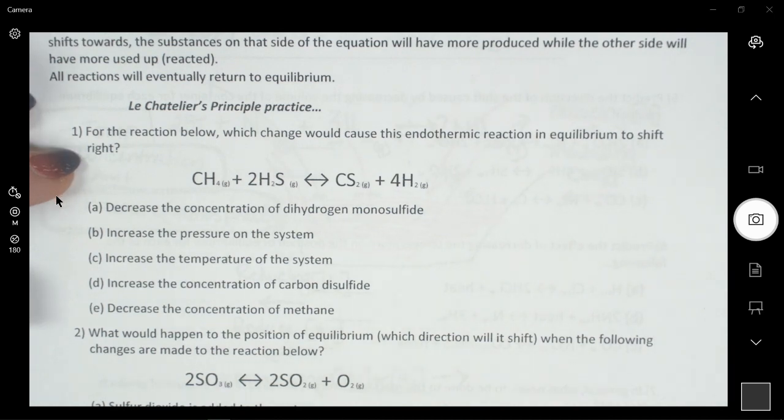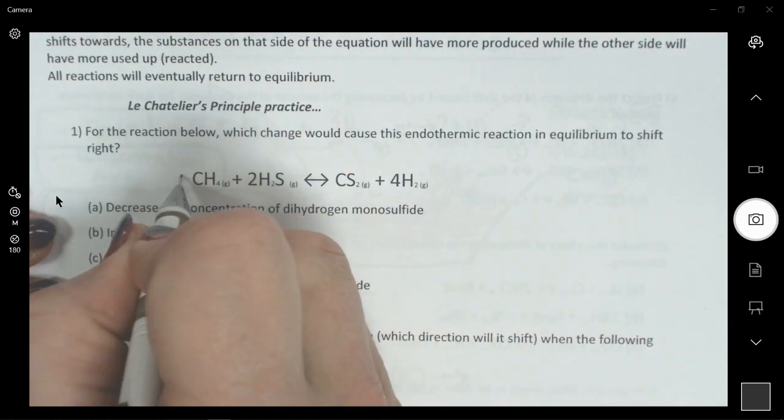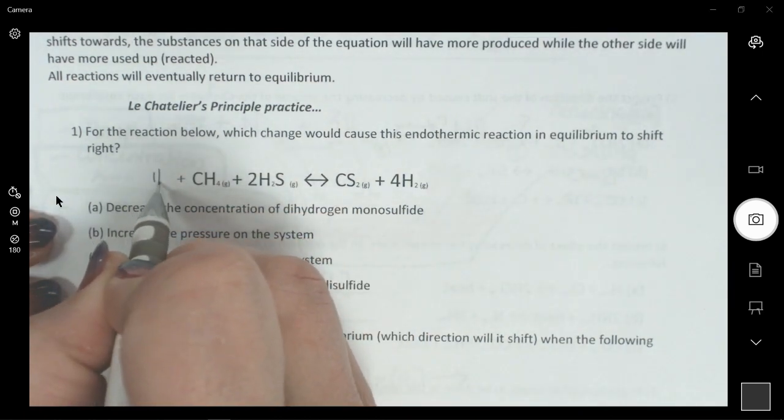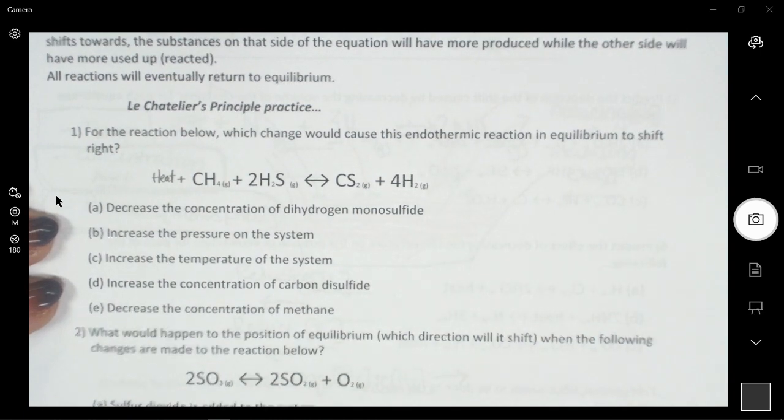What does that tell you? Heat is on the left side, yeah. There is a reactant of heat. We got to put energy in.